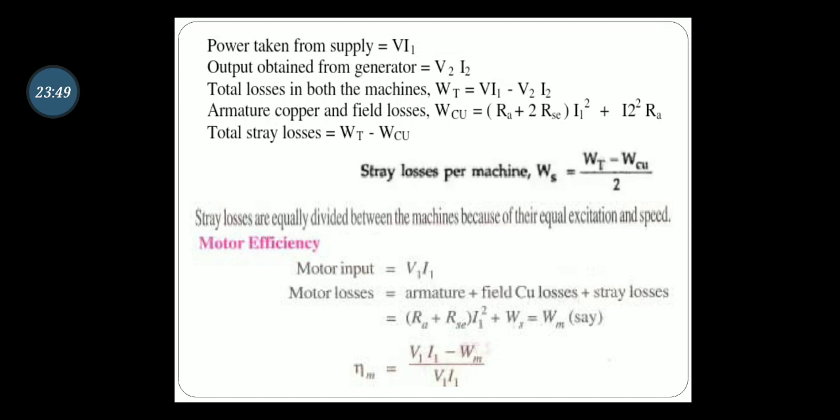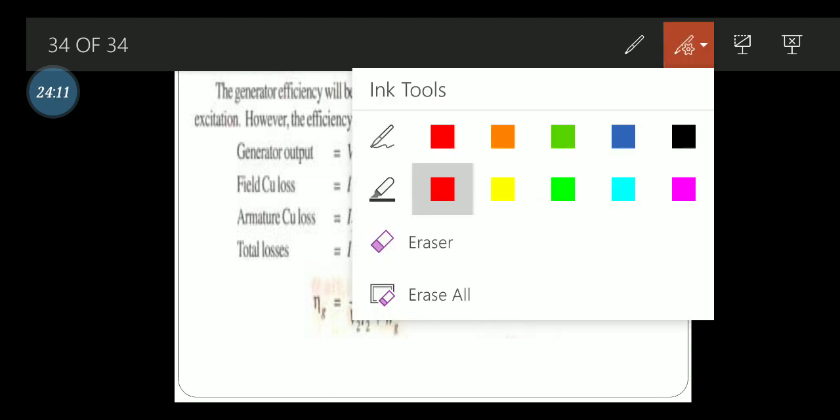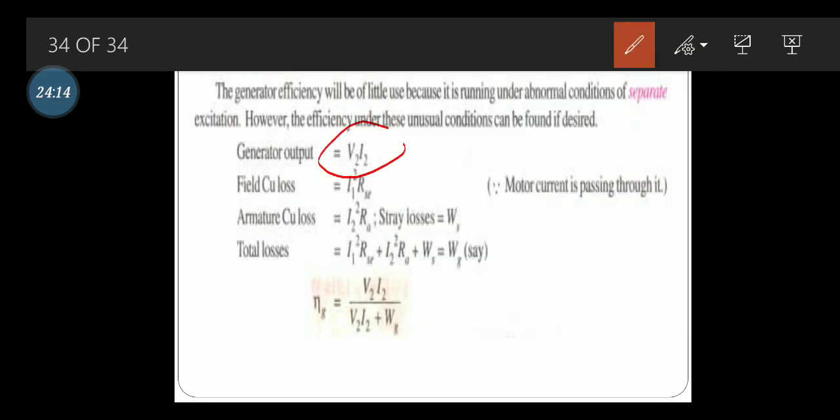Now let me calculate the generator efficiency. The generator efficiency will be of little use because it is running under the abnormal condition of separate excitation. However, the efficiency under these unusual conditions can be found if desired. The generator output is the product of V2 into I2.